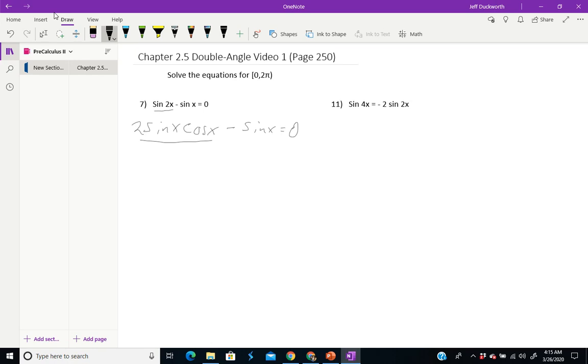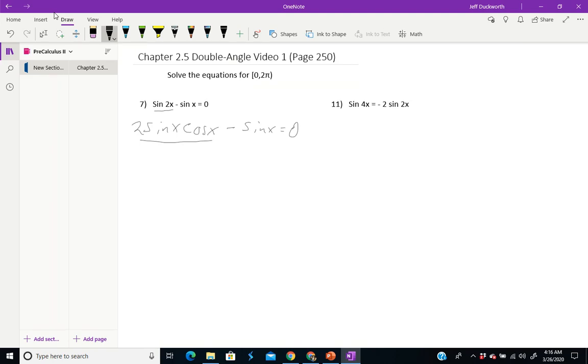And now we're in a situation where we're trying to solve for x, for the given functions of x. And we have a sum of things, or a difference in this case, on the left. In order to be able to solve these, we have to have a product of any number of things equaling 0.